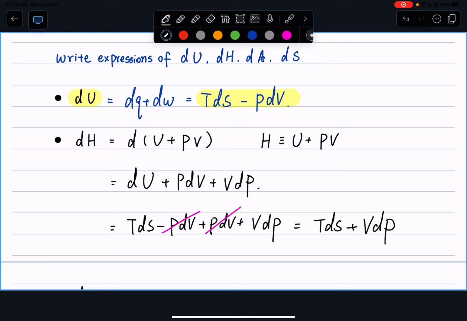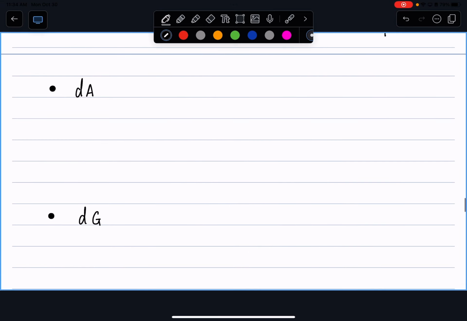Next one, dA. Now dA equals d of U minus TS, also by definition. We rewrite it out: dU minus TdS minus SdT.